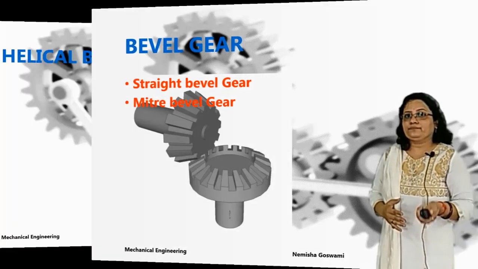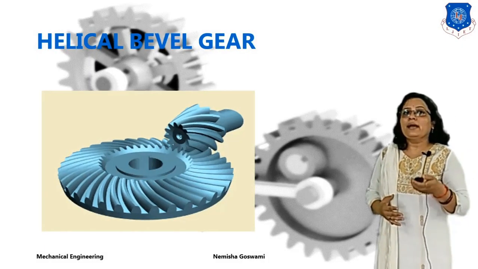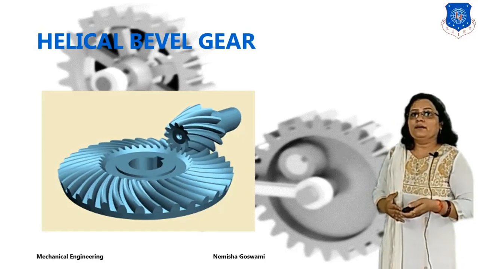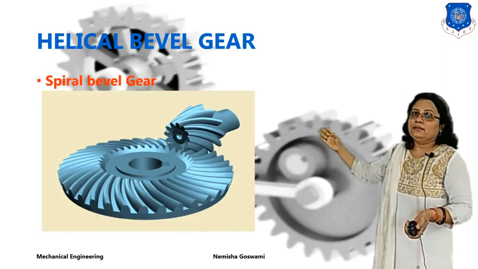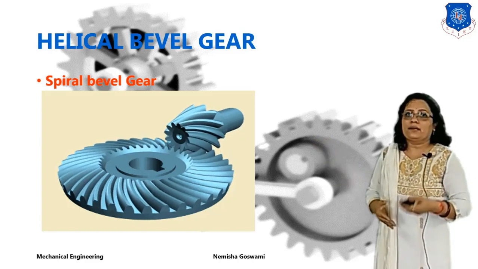Next is your helical bevel gear. Okay, so helical bevel gear is this type of gear. You can see in this diagram, these types of gears are also known as spiral bevel gear, right?